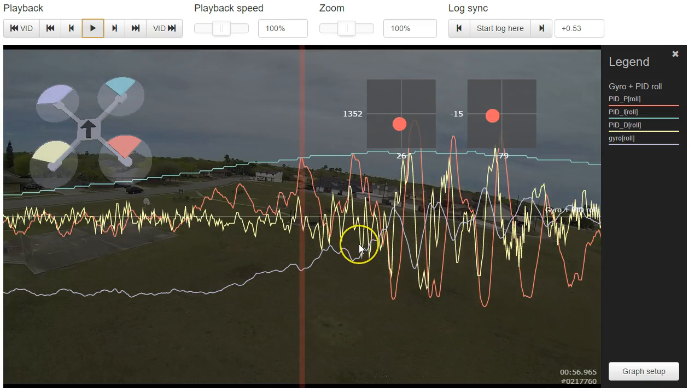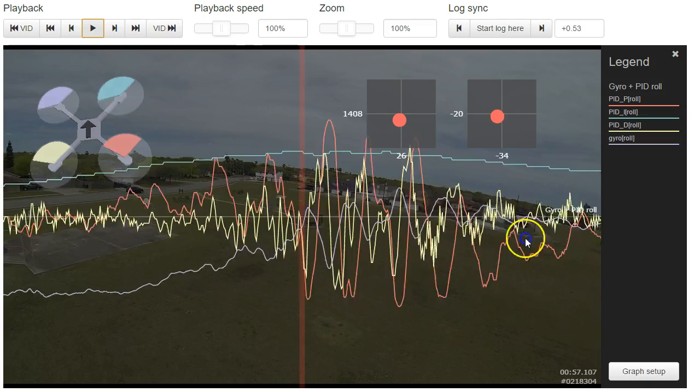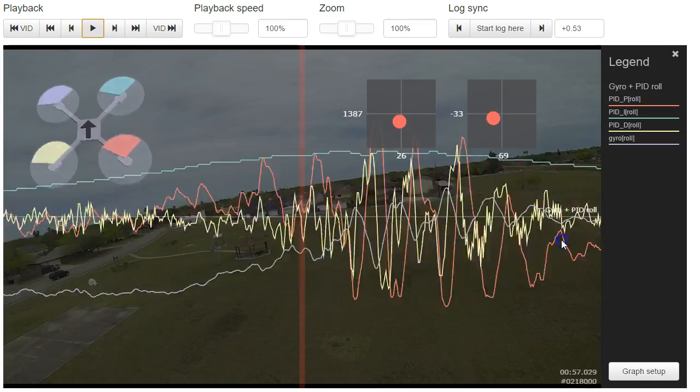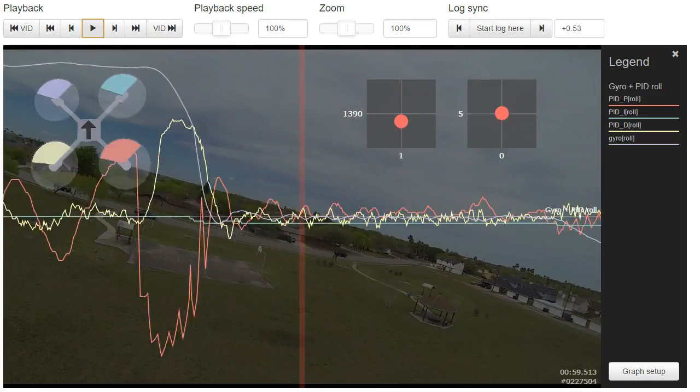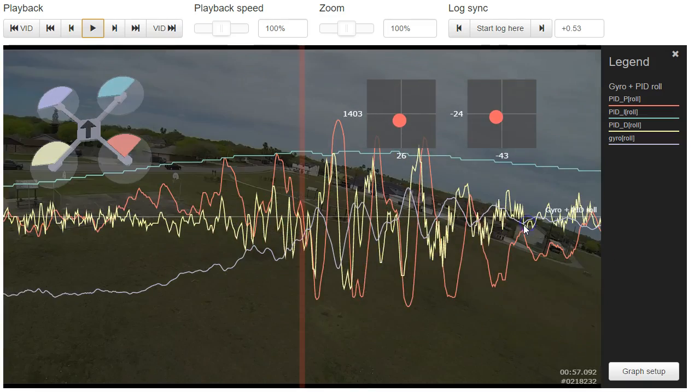I find that when I raise P to the point where I just start to see prop wash oscillations and then back it down again, it usually ends up that the copter still flies great, but it flies pretty smoothly. By the way, I know I've said that you should raise P to the point of oscillations and then back it down to like 65 or 70% of that, and that's not what I just said about prop wash oscillations.